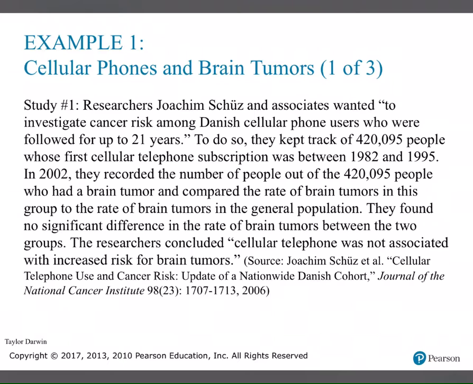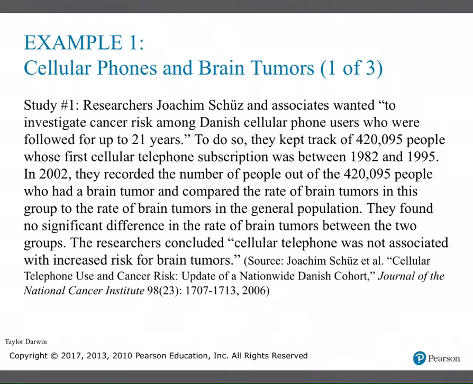So researchers and associates wanted to investigate cancer risk among Danish cell phone users who were followed for up to 21 years. They kept track of 420,095 people whose first cellular telephone subscription was between 1982 and 95.